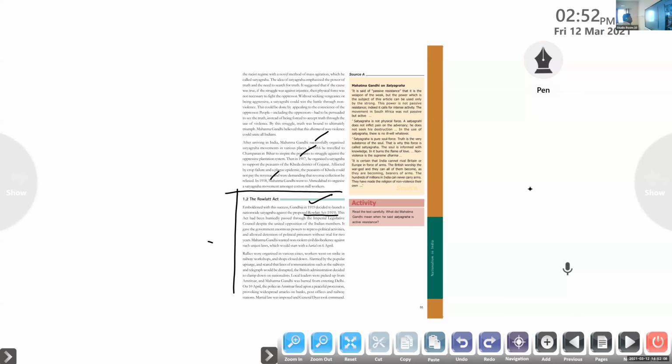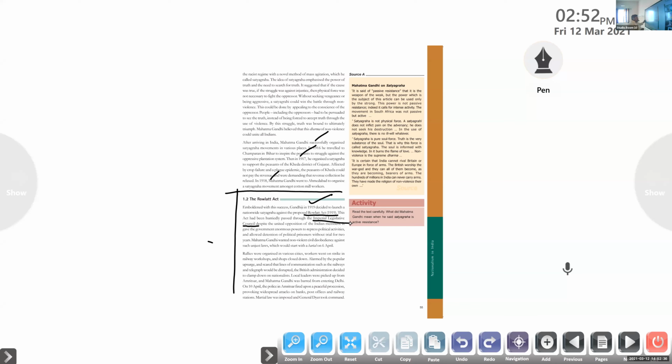Rowlatt Act. The Rowlatt Act of 1919 is also called the Black Act of 1919. What is this Rowlatt Act? This act was hurriedly passed through the Imperial Legislative Council, I mean the British government.